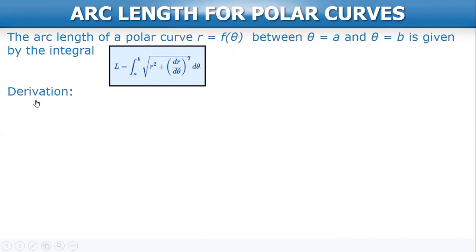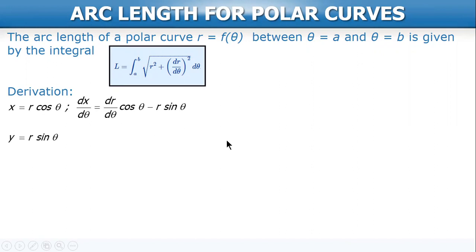Recall that x is equal to r cosine theta and y is equal to r sine theta. Now, if we differentiate x with respect to theta, the result is this: dx with respect to theta. Using the product rule, the derivative of r times cosine theta plus the derivative of cosine theta times r.